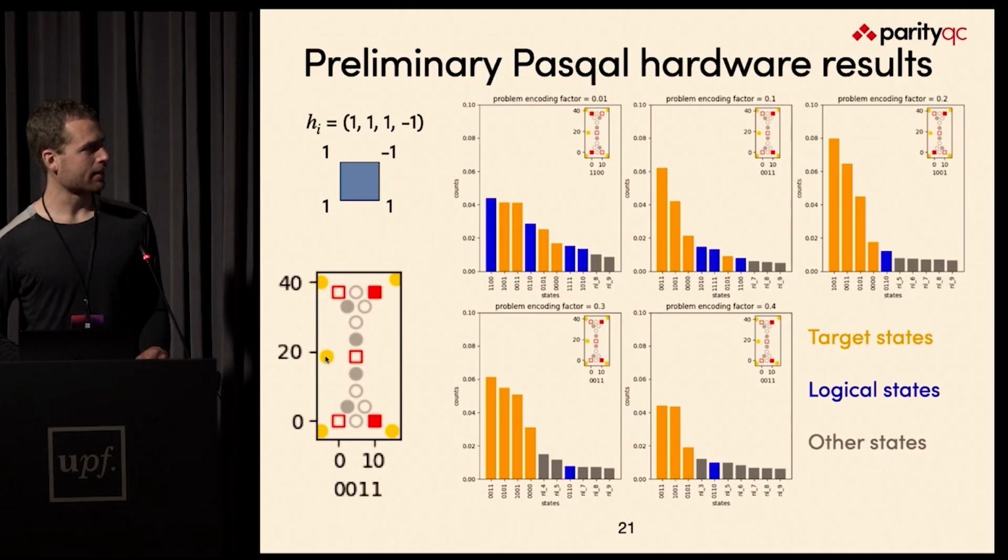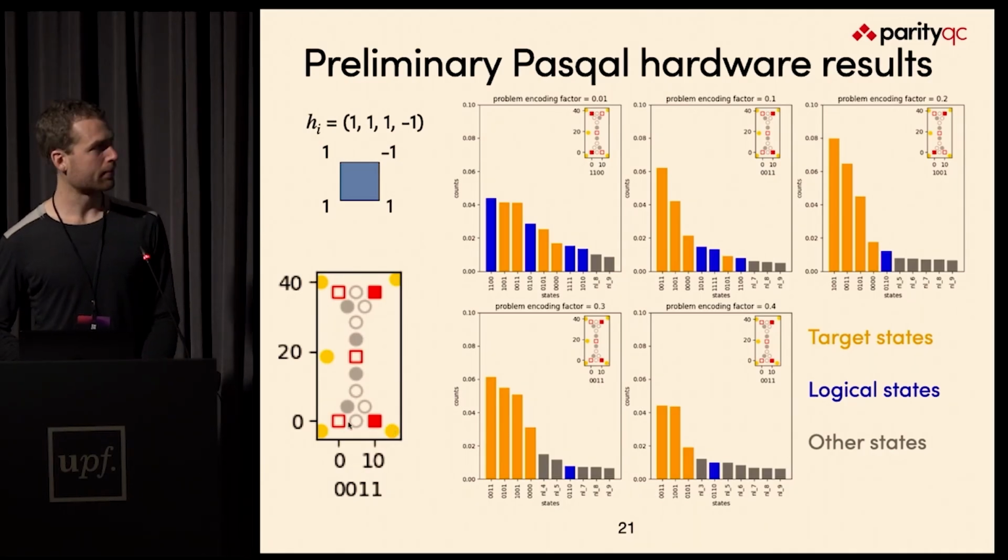And this atom here is just there to compensate for some of the crosstalk, but these 4 outer atoms are actually implementing the problem fields for this example. And so we ran this gadget on the Pascal hardware.